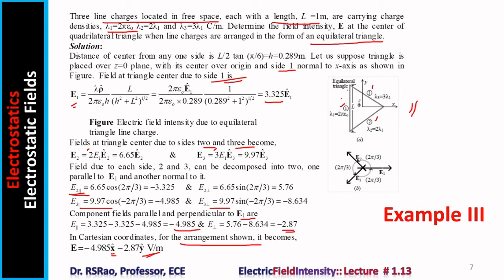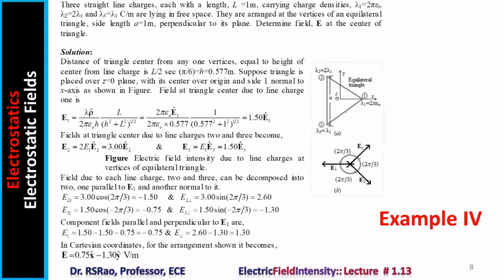So this is charge 1. Naturally one can notice the field intensity due to 1 is like this in x direction. So parallel is in x direction. Perpendicular means it must be in y direction. So giving directions to the parallel and perpendicular fields of E1, one can express total field intensity in this form.